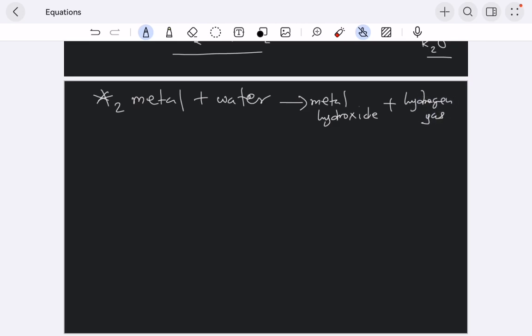So a reaction of a metal and water produces a metal hydroxide and hydrogen gas. What does metal hydroxide mean? Metal hydroxide means a metal combined with hydroxide, which is a radical. Let's look at an example.